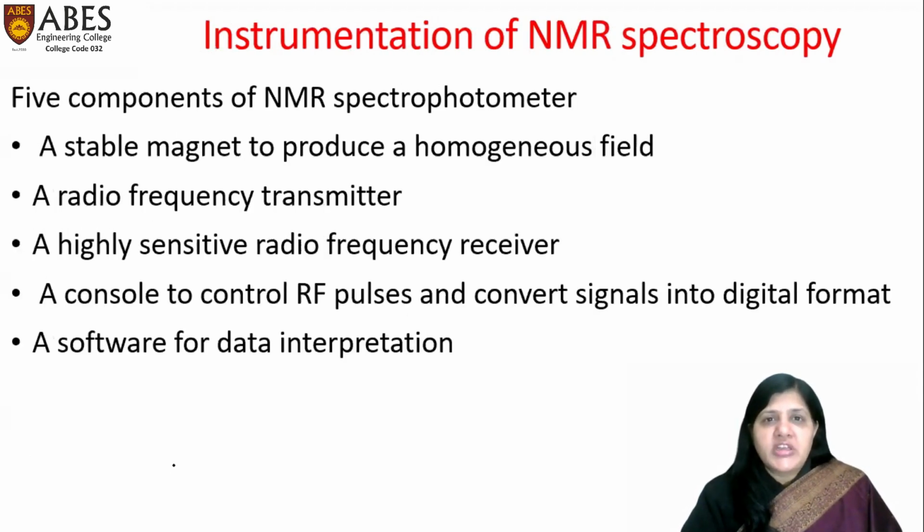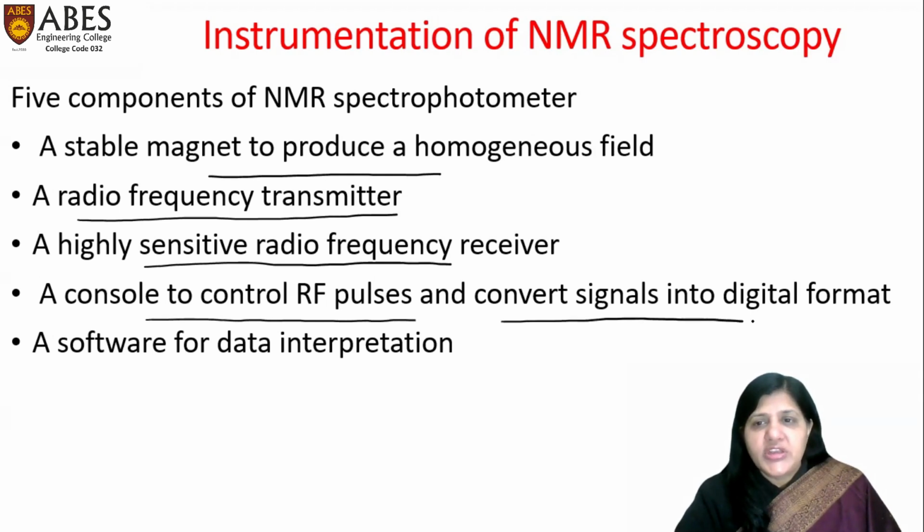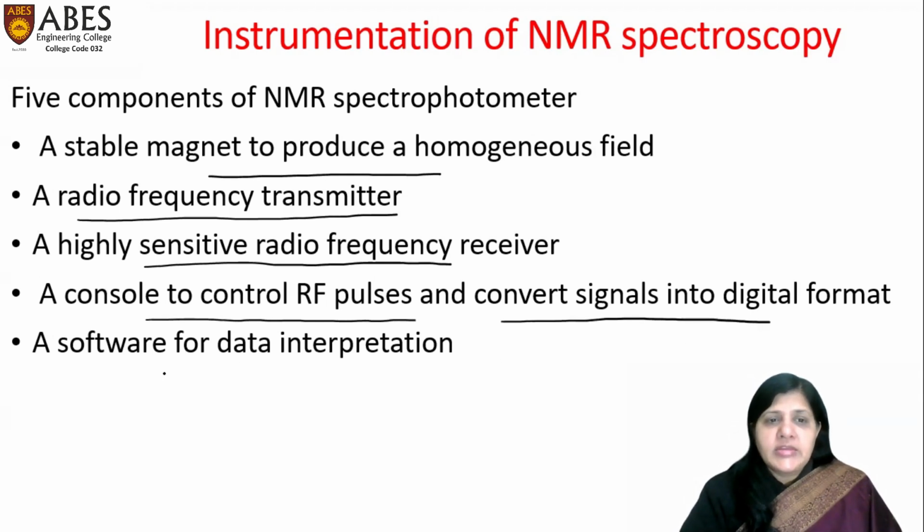Instrumentation used for NMR spectroscopy is an NMR spectrophotometer, which consists of a stable magnet to produce a homogeneous field, a radio frequency transmitter, a highly sensitive radio frequency receiver, a console to control the radio frequency pulses and convert the signals into digital format, and high-grade software for data interpretation.